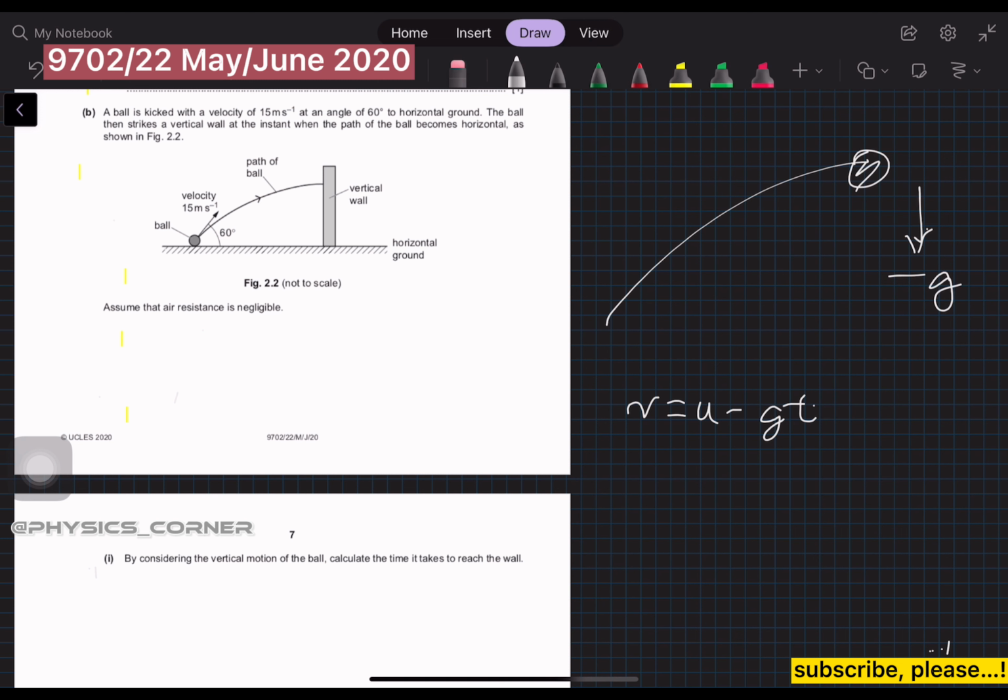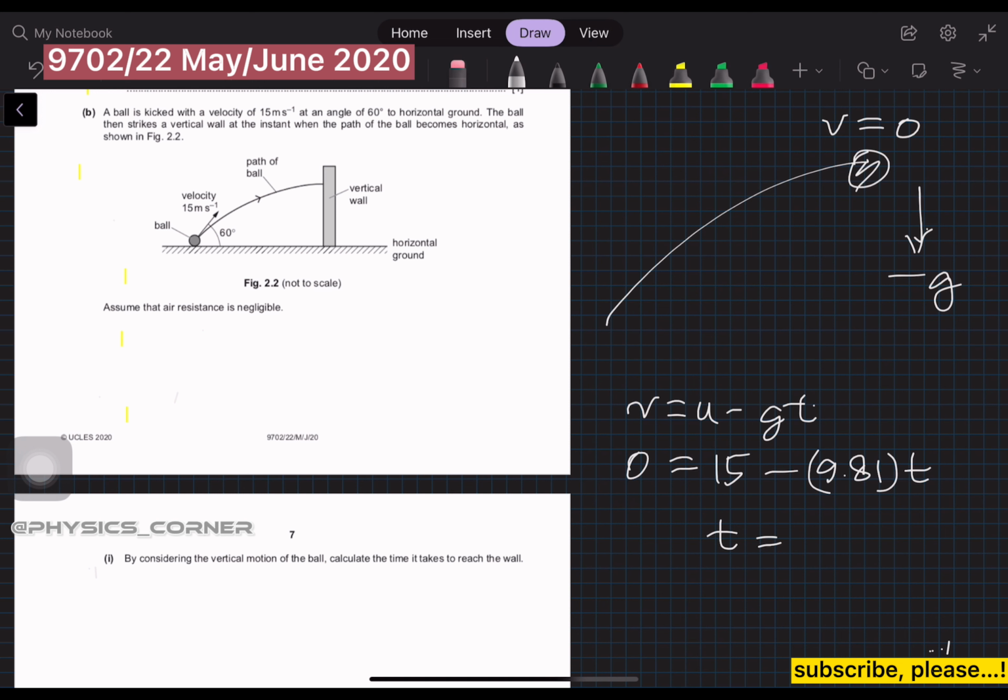At the maximum point, the motion becomes horizontal, so V equals 0. So 0 equals U, which is 15 meter second minus 1, minus g, and we use g as 9.81, times t. So t equals 15 divided by 9.81, about 1.5 actually.